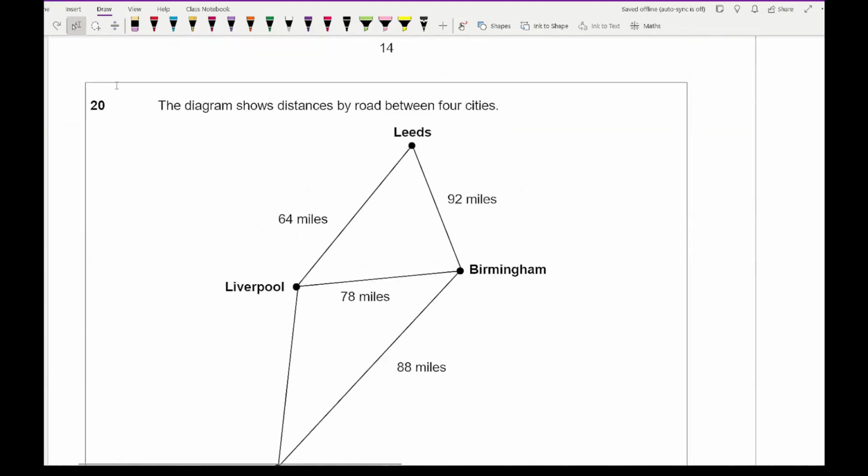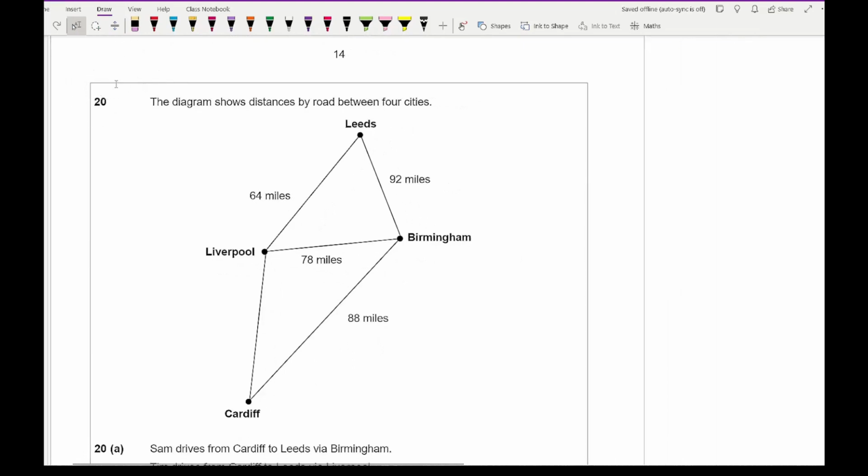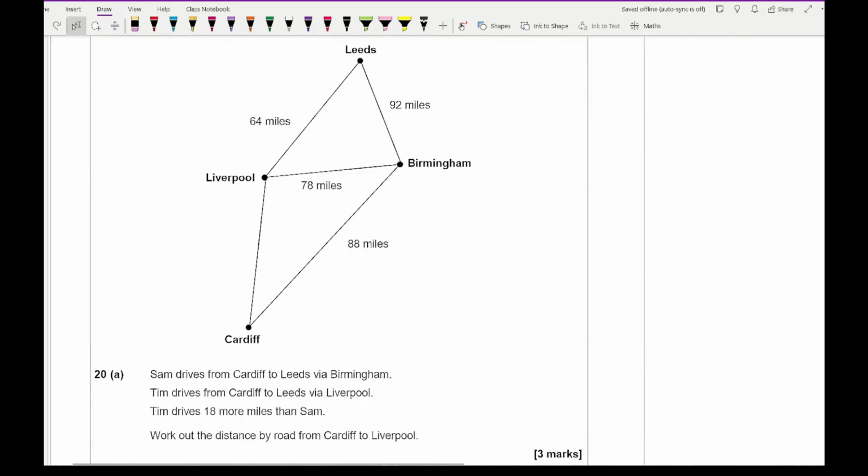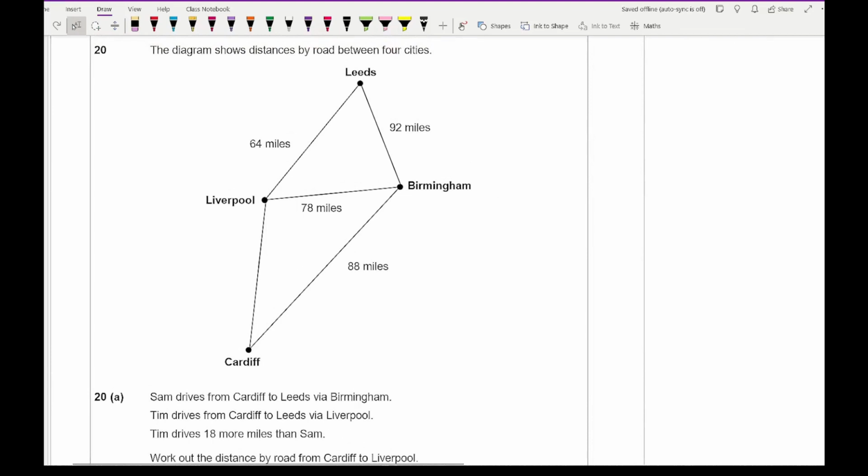Moving on to question 20, let me just zoom out so we can actually see the question on the screen. So it says a diagram shows distances by road between 4 cities. Sam drives from Cardiff to Leeds via Birmingham, so he's going to go this route.